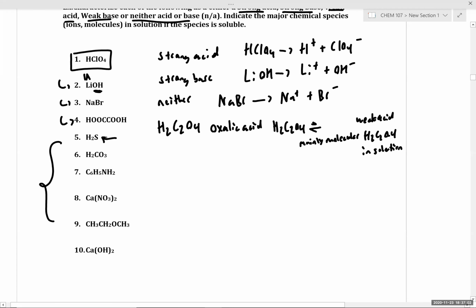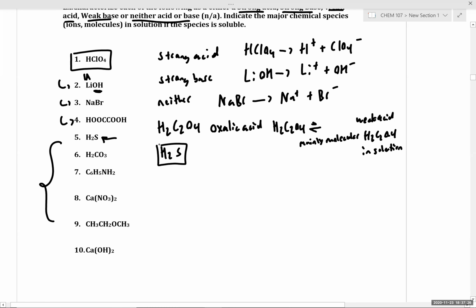So H2S. In terms of its formal name, the name provides you a pretty invaluable hint in classifying compounds. Is H2S, based on its formal IUPAC name, an acid or a base?